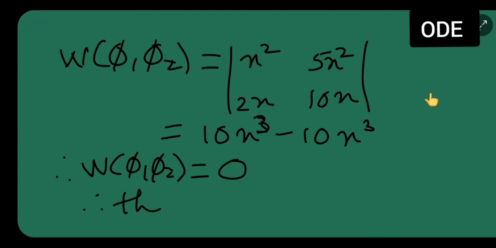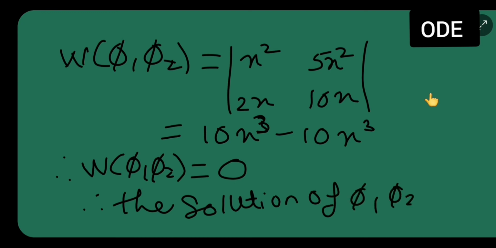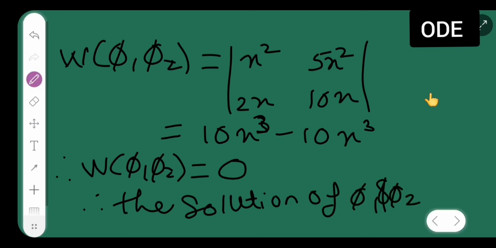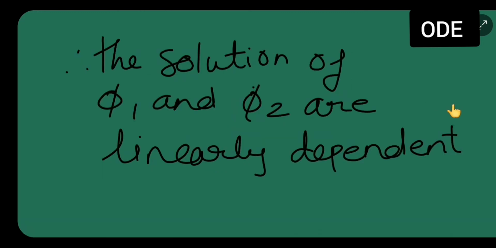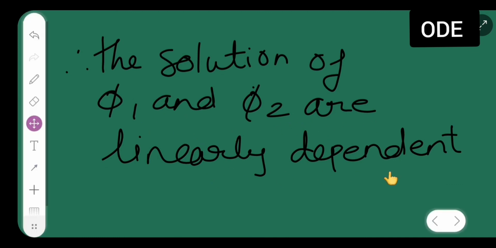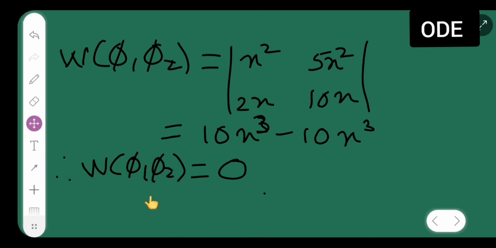So therefore the solutions phi 1 and phi 2 are linearly dependent. Why? Because this Wronskian is equal to 0. Let me give you all one note.